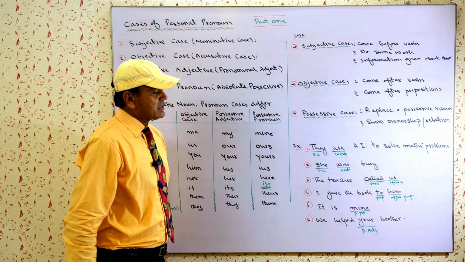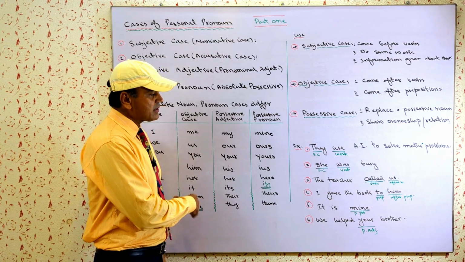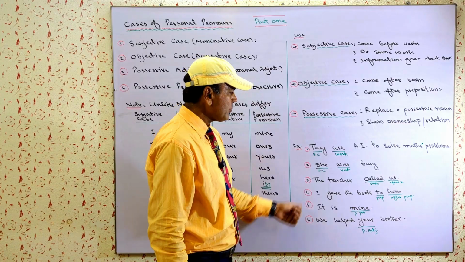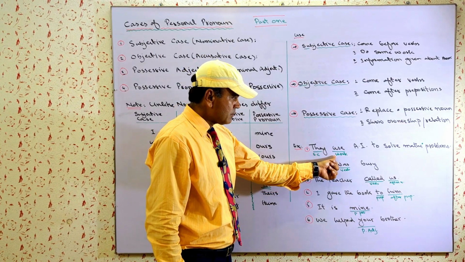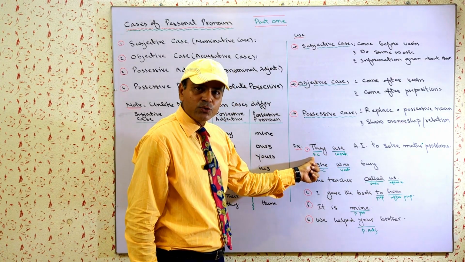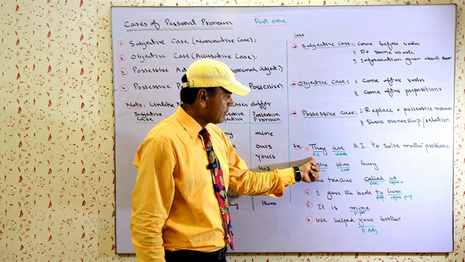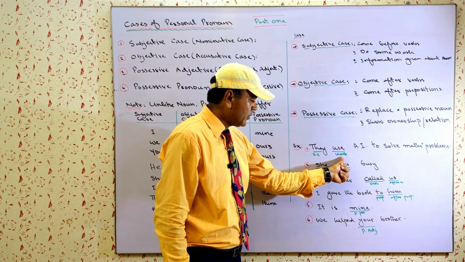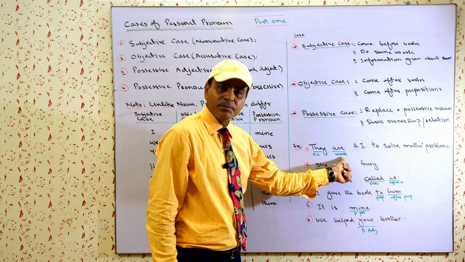Let us further understand all these things from these examples. They use AI to solve maths problems. Look at that, I have used a subjective case, they, then the verb is used, and subjective comes before the verb.